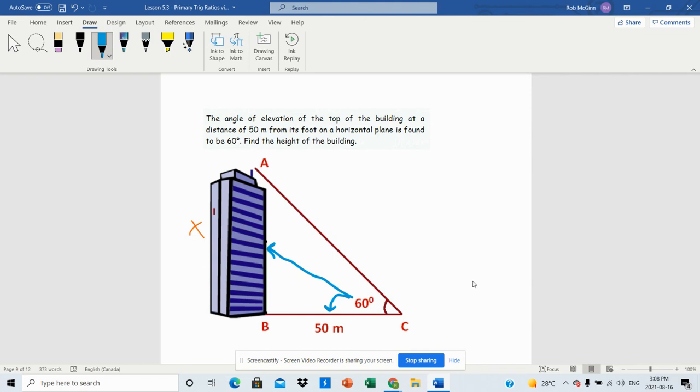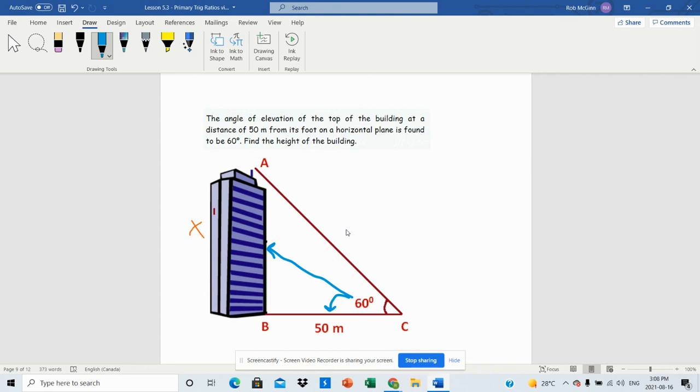We can't use our sine because we don't know the hypotenuse. So we would be looking for our opposite over our hypotenuse. Wouldn't know either of those, so we couldn't solve it using sine. We could use cosine. So we could say cosine of 60 degrees equals my adjacent over my hypotenuse, 50 over my hypotenuse.